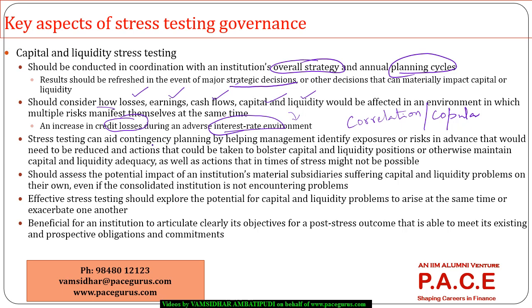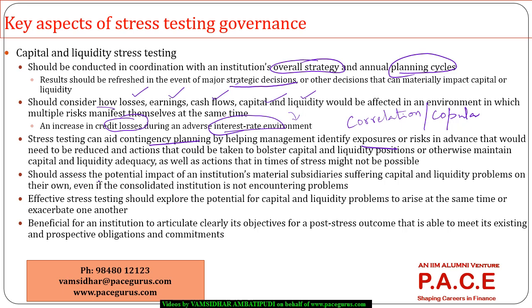So stress testing, we all know, can aid in contingency planning. It helps in identifying various exposures or risks in advance. Capital and liquidity positions can very well be planned and improved. So that's one of the major aspects that go into stress testing.